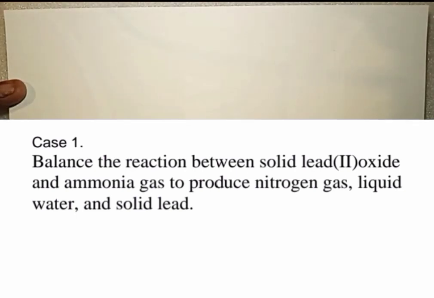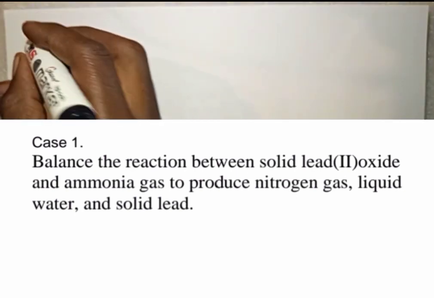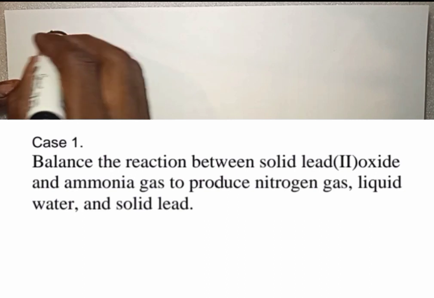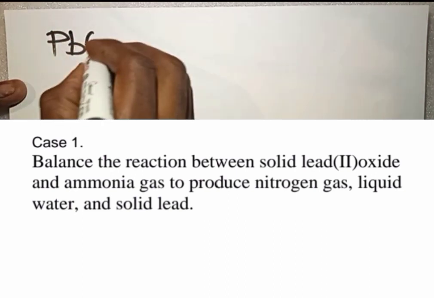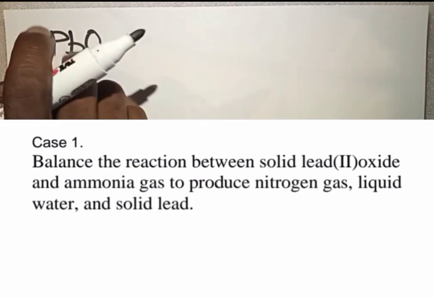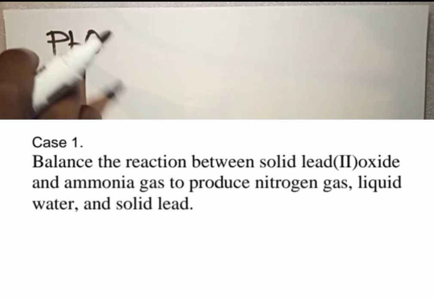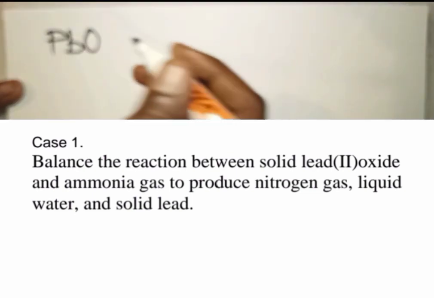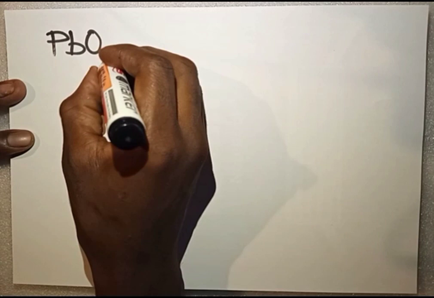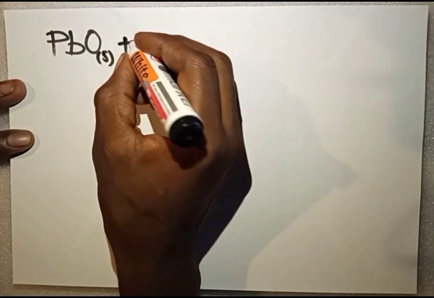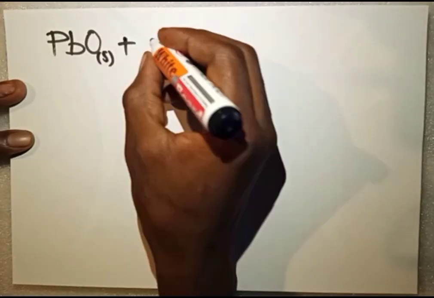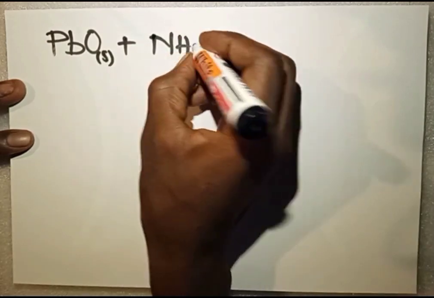Since we are given lead 2 oxide, how do you write lead 2 oxide? Oxygen is 2 minus, the 2 for oxygen and the 2 for lead will cancel, and you have this as a result. It is reacting with ammonia gas. How do you write ammonia gas?